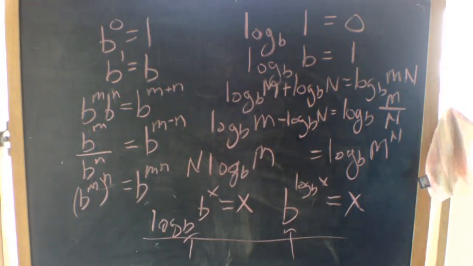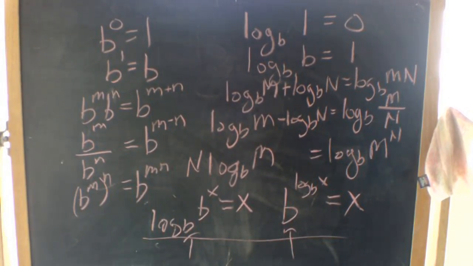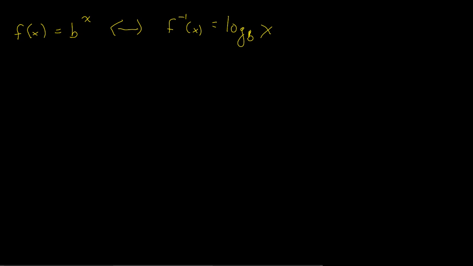I'll come back to them periodically, because these are the rules that we base everything off of when doing logs and exponents. But for right now, I want to look at this relationship between these two things and look at some particular models. We have seen the doubling time and half-life time. And so we're going to start with half-life.